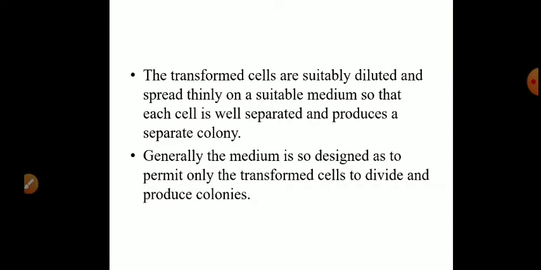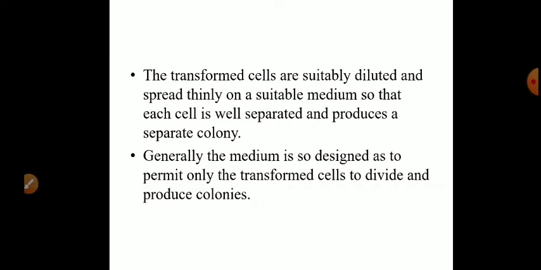Okay. So the E. coli culture treated with calcium chloride is mixed with recombinant DNA, then plated, but plating is done in a very thin manner. You have to separate the cell culture. So the thin culture is spread thinly on the surface of a specific medium, so that each organism gets separated and produces a separate colony.